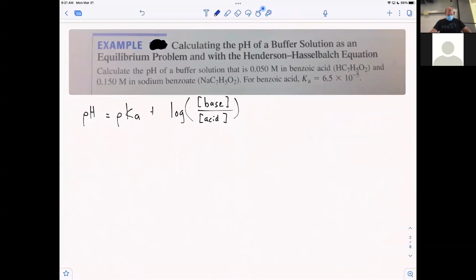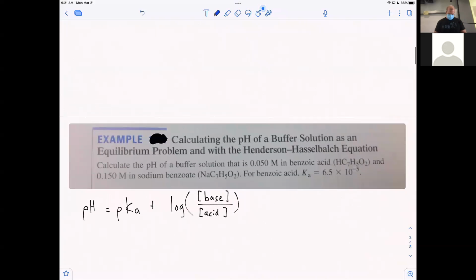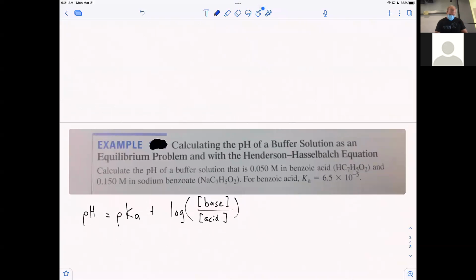So here's an example problem. Calculate the pH of a buffer solution that is 0.05 molar in benzoic acid and 0.15 molar in sodium benzoate. So use this equation, and can you imagine the ICE chart? So I'm just going to do acid.